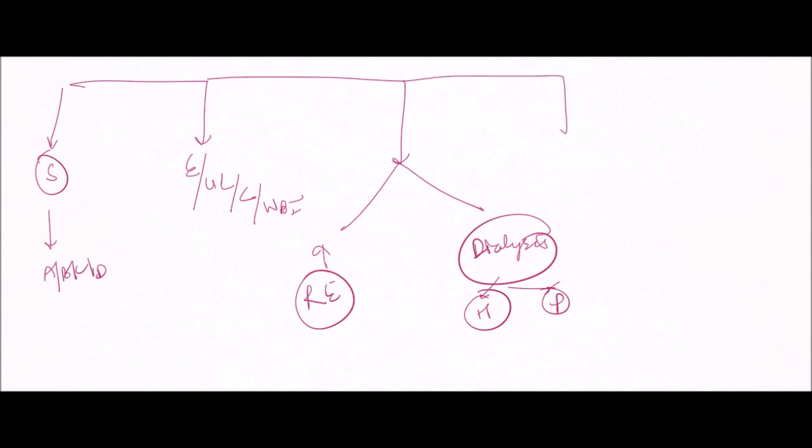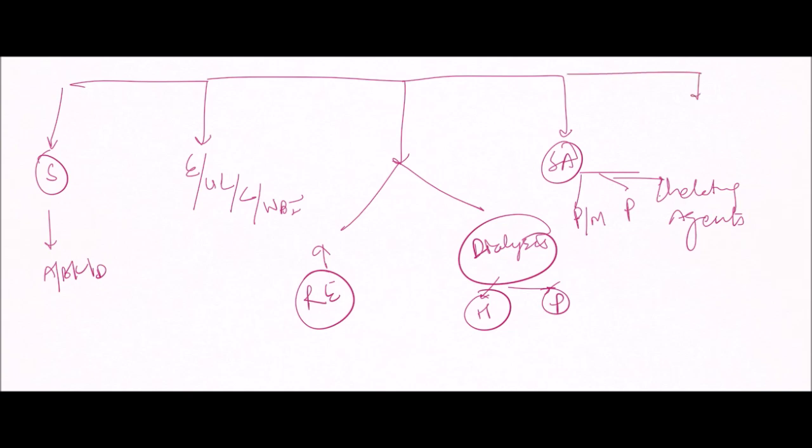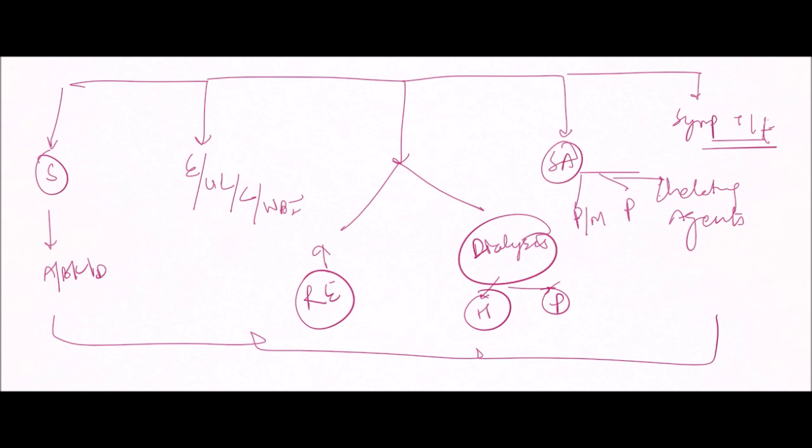Step number 4 is specific antidotes, that can be physical or mechanical, pharmacological, or chelating agents. Then the symptomatic treatment. This is all about the basic management of any poisoning.